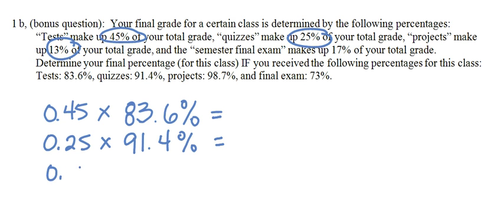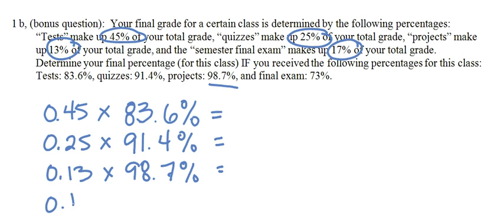So that's 0.13 times 98.7%. Okay, and then we have 17%. I think that adds up to 100%. 73%. Okay, so let's see here. Yeah, that adds up to 100%.